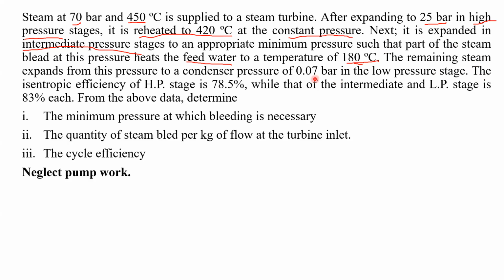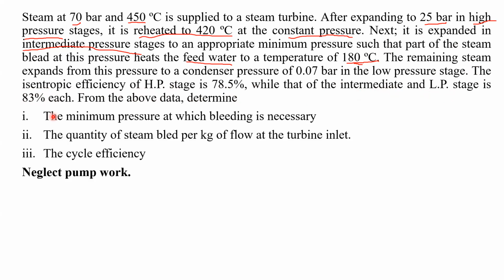Here in this problem, the isentropic efficiencies are also given for each turbine. For the high pressure turbine, the isentropic efficiency is 78.5%, and for the intermediate pressure turbine as well as the low pressure turbine, we have 83%.